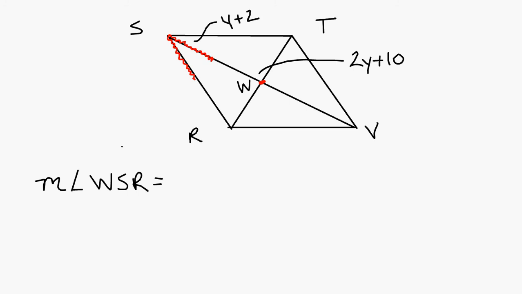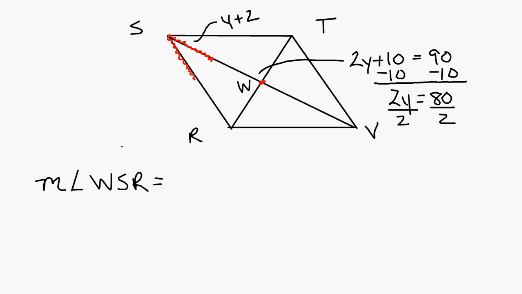So if you're given this picture, you know from the rules you just wrote down that 2y plus 10, this angle where the diagonals intersect, equals 90 degrees. So you can subtract 10 from each of these. Your 2y is going to equal 80, and divide by 2. So in this case, your y is equal to 40.